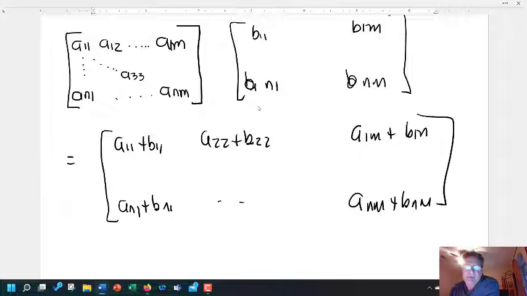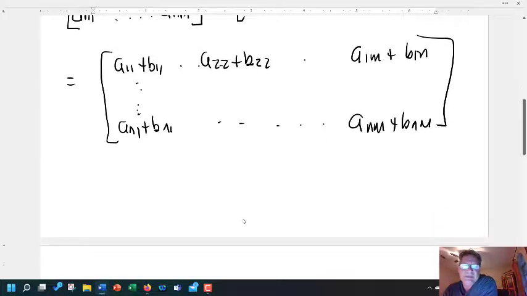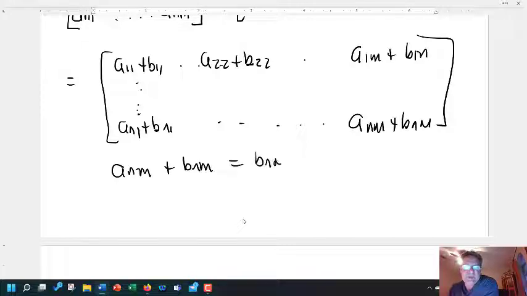Now remember that property, I'm simplifying here, there's many rows and many columns. So for any particular Anm plus Bnm, that is Bnm plus Anm. In other words, I can reverse this entire matrix.